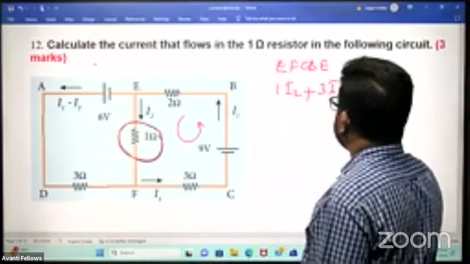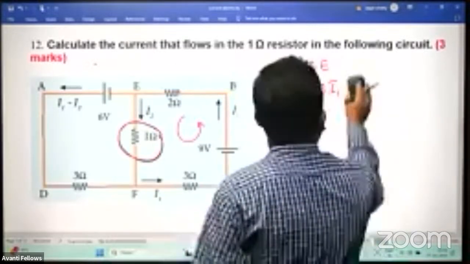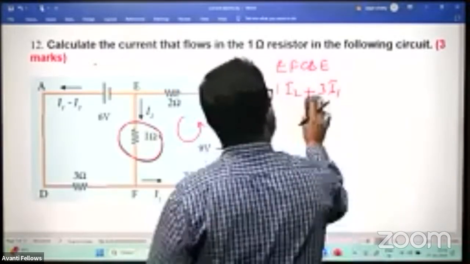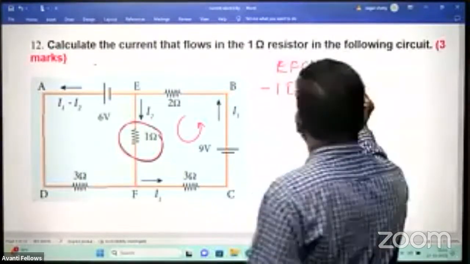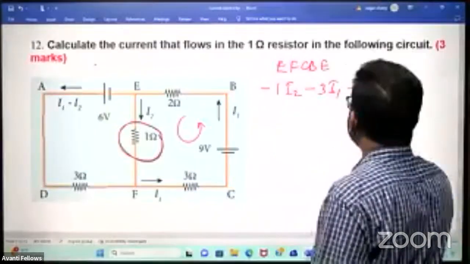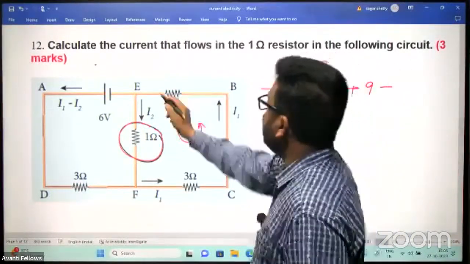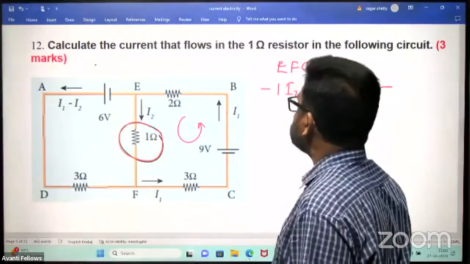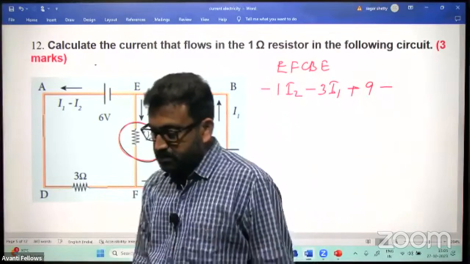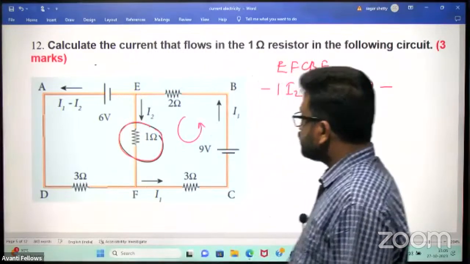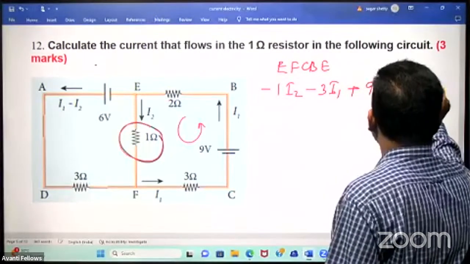So that will be my minus. Okay. So here we will change. This is minus 1 into I2, minus 3 into I1, plus 9, minus this one, 2 into I1 equals 0.